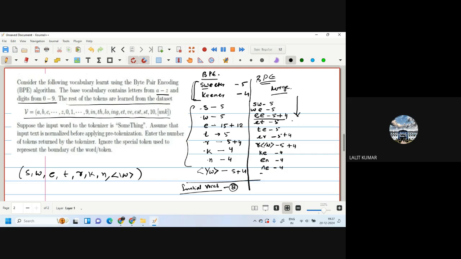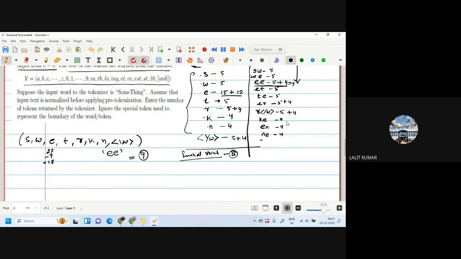So it comes EE. EE will be added here, and the initial number of E was 27. Now I subtract this 9 from here, so this will become 18. Is that okay? Okay. And now the number of tokens is how many now? 9.